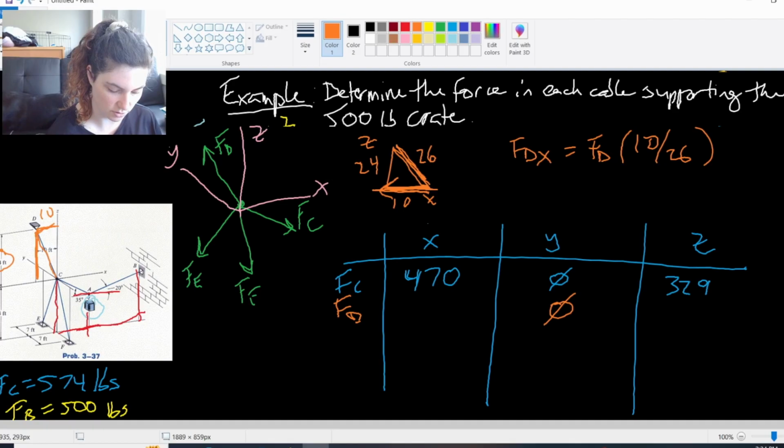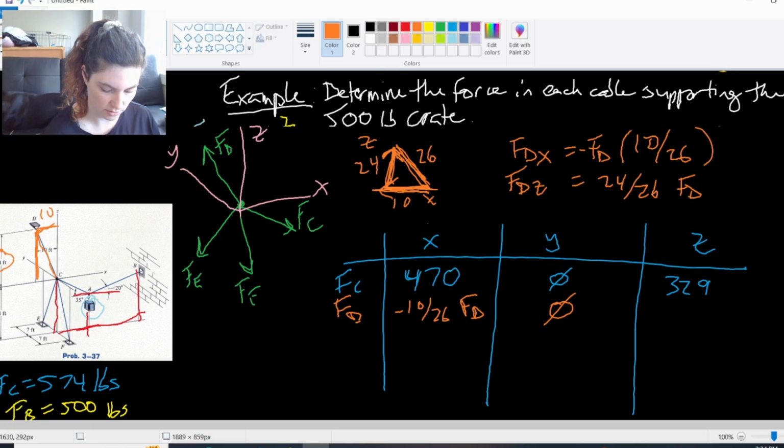So this is a negative 10/26 FD. And do the same process for my z component, right? FD in the z direction is going in the positive z direction, with the component of 24 being the z component, times FD. 24/26 FD.